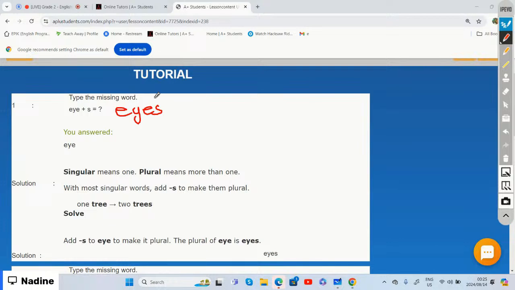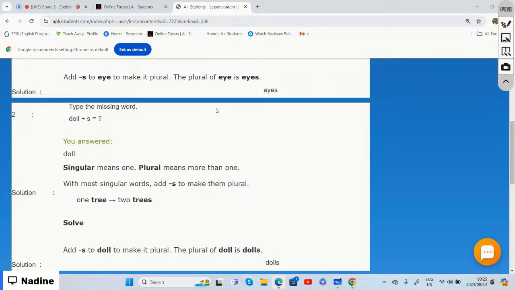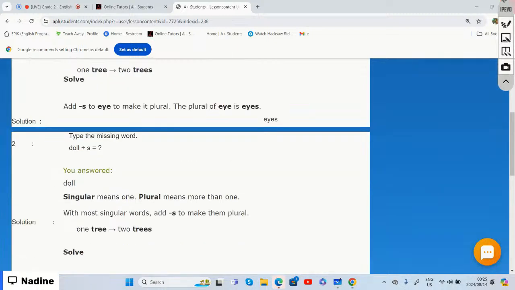All right. Let's do the next one. One doll. I have one doll. Yes, well done. But Anna has three. Three what? If we add an S, then it shows that she's got three what? How are we going to write that?